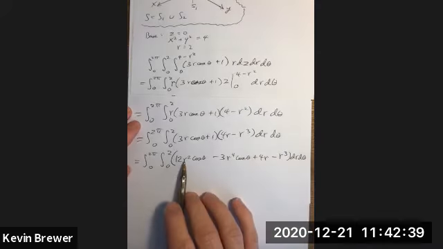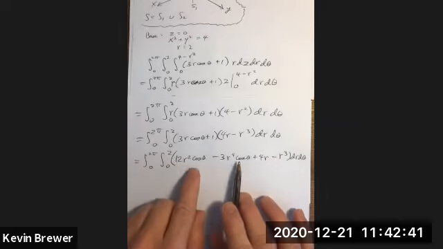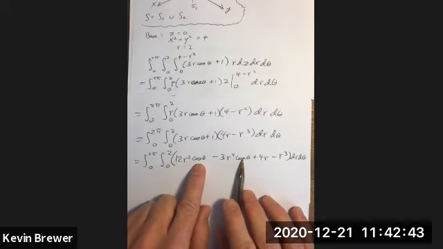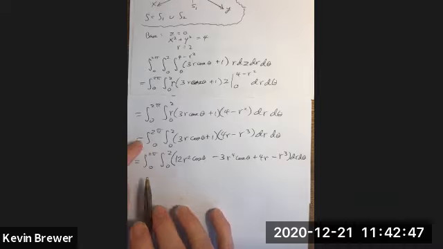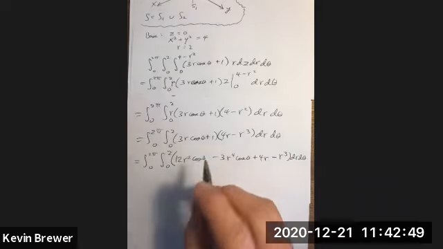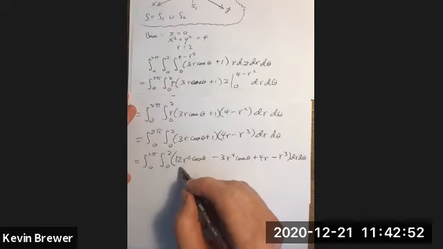Well, when you take antiderivatives of cosine, you're going to get sine. Sine evaluated at 0 and 2 pi are both 0. So these are just going to go away.